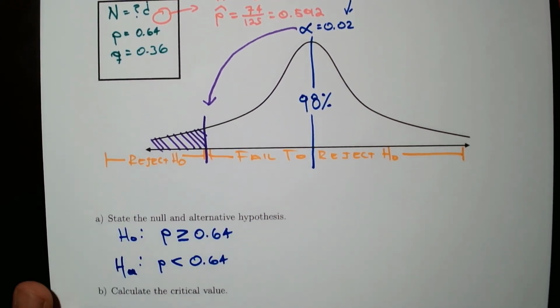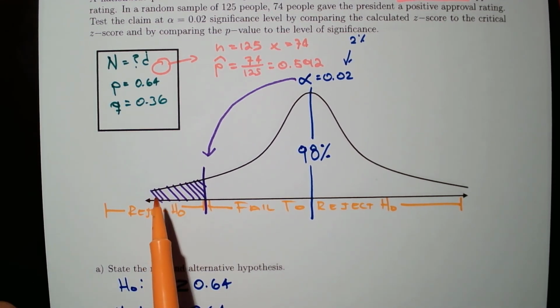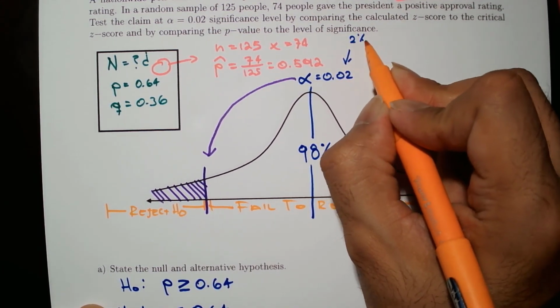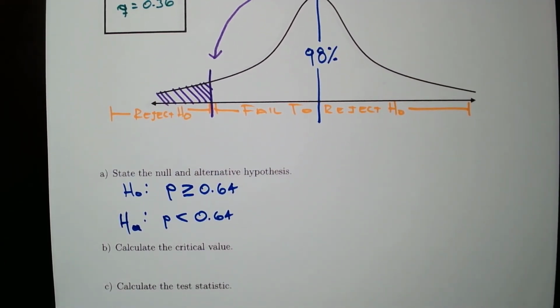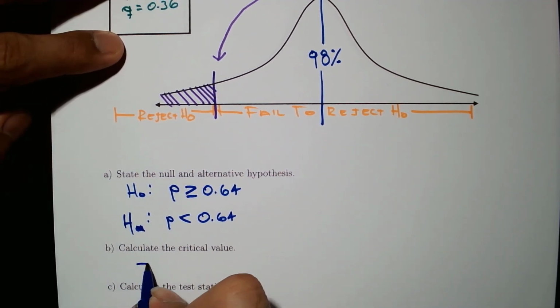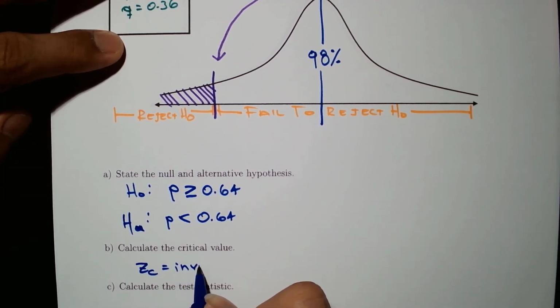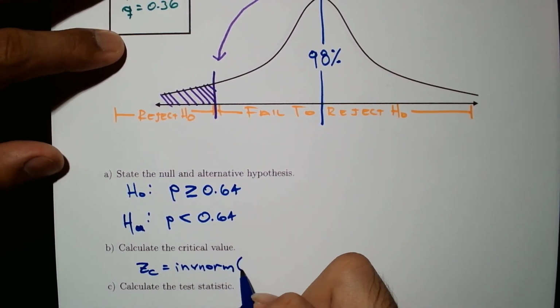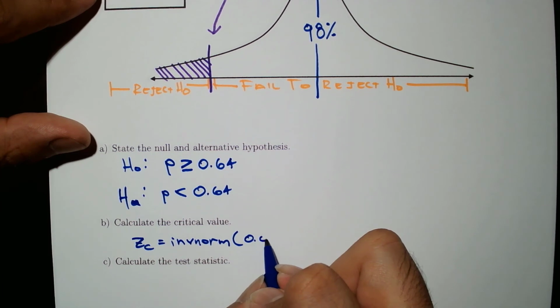Let's get the numbers now. Notice in this case, if you read the graph from 0 to 100, this is the second percentile. So how are we going to calculate the critical value? Z critical will be inv norm, that is the z-score related to the second percentile, that is 0.02.